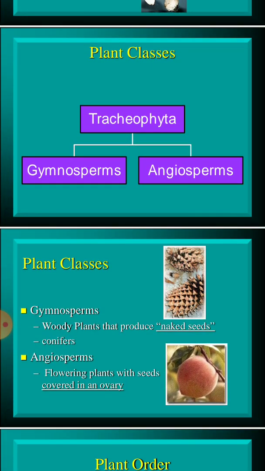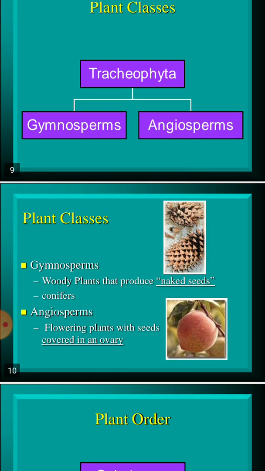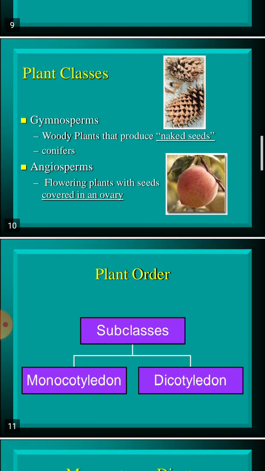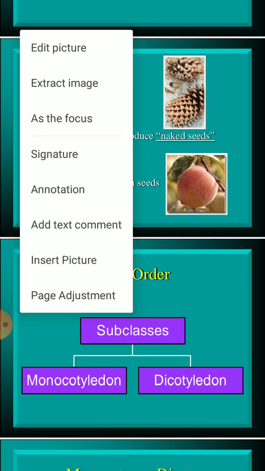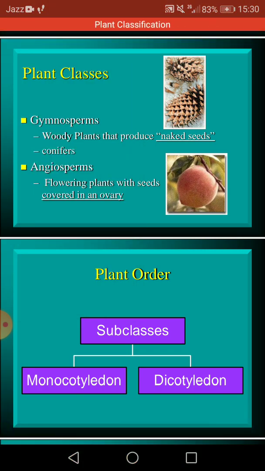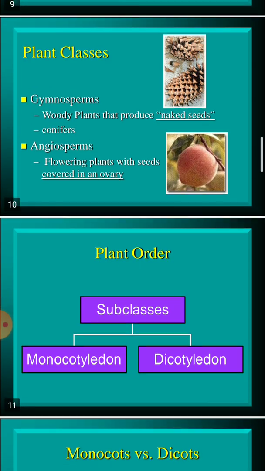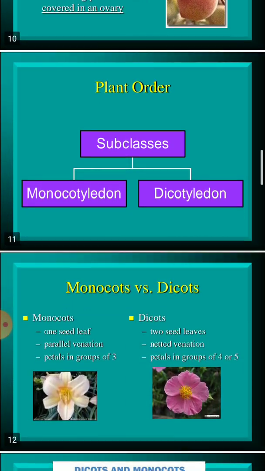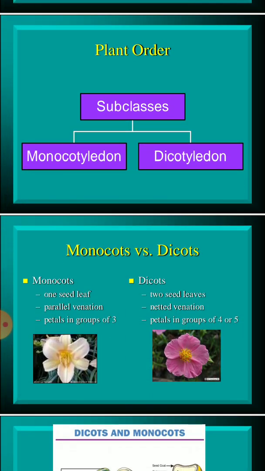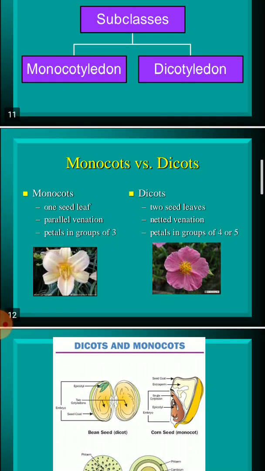If we talk about the classes, Tracheophyta are divided into two subclasses: gymnosperms and angiosperms. Gymnosperms are woody plants that produce naked seeds, conifers. Angiosperms are the flowering plants with seeds covered in an ovary. If we talk about the plant orders, subclasses: monocotyledon and dicotyledon.